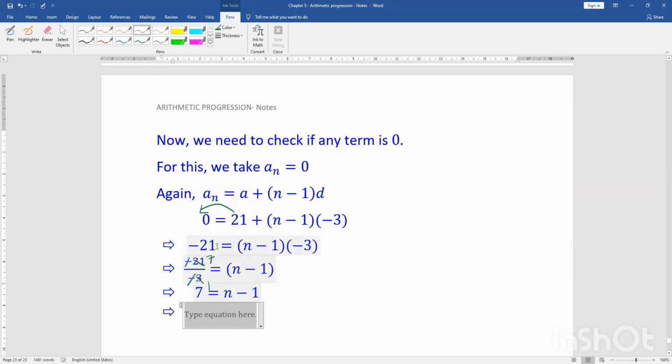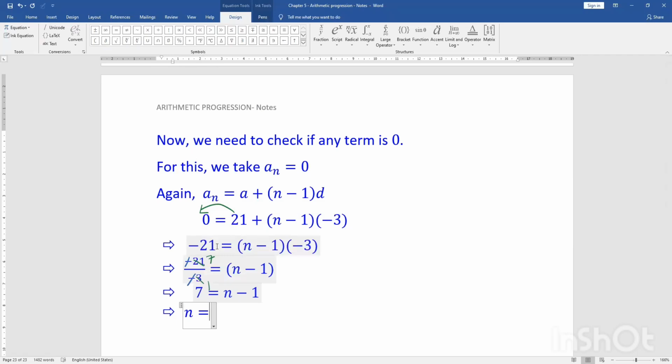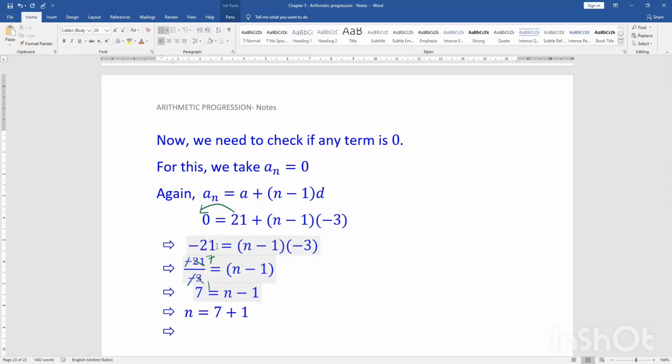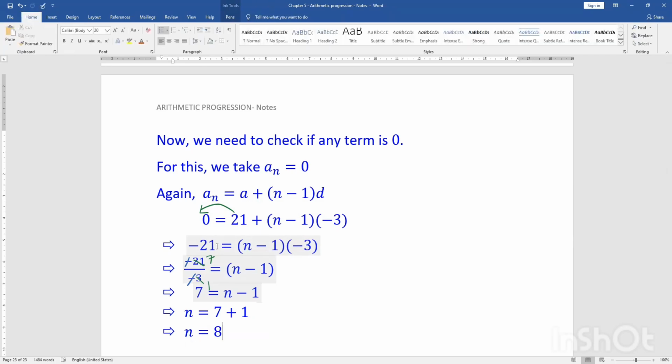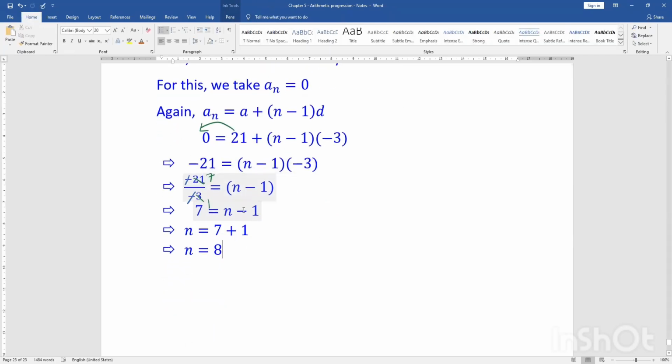Or n equals how much? 7 plus 1, correct? So I'm directly writing the step now. N equals 8. See, actually, this minus 1 goes to the left hand side, correct? So 7 plus 1 will be equal to n.